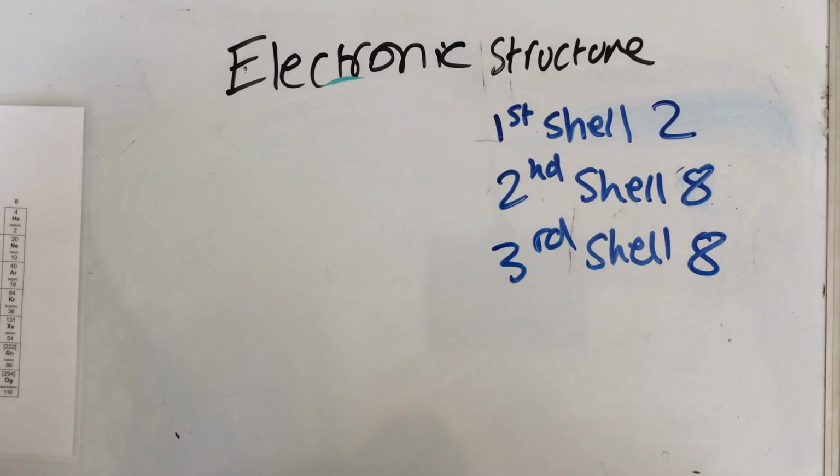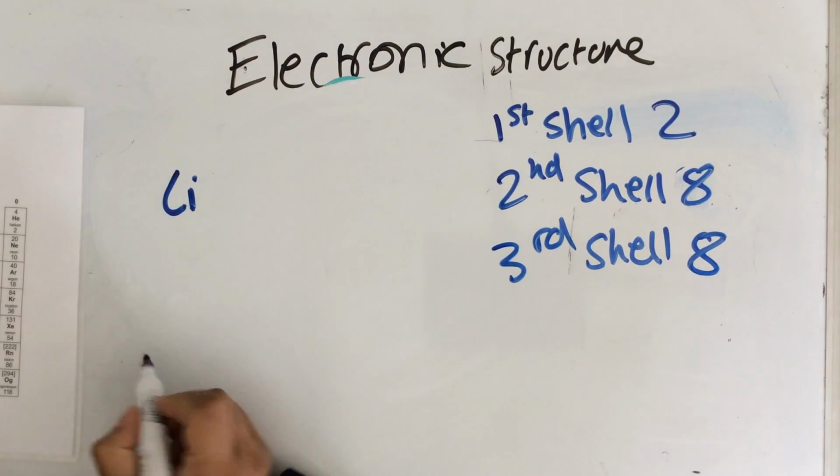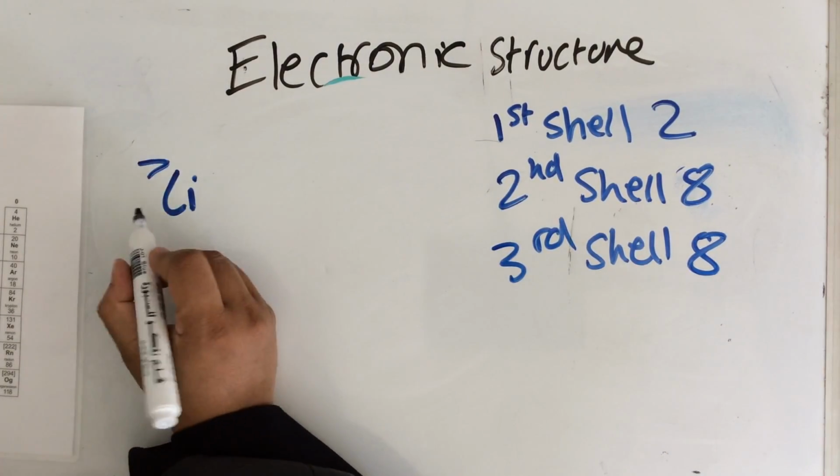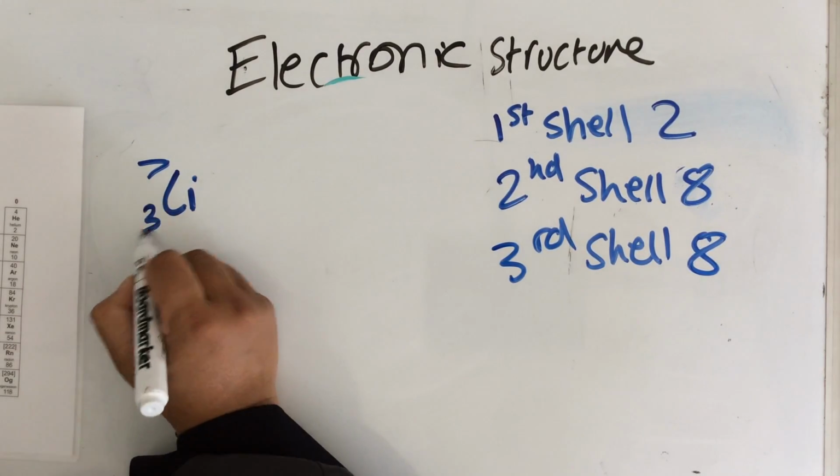Now in the last session we looked at the atomic structure, which gave you the three subatomic particles, the protons, electrons and neutrons. So let's just have a quick review of how to work them out for an element. In lithium you have 7 as the atomic mass and 3 as the atomic number.